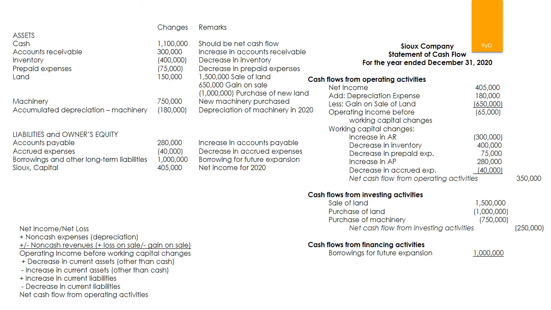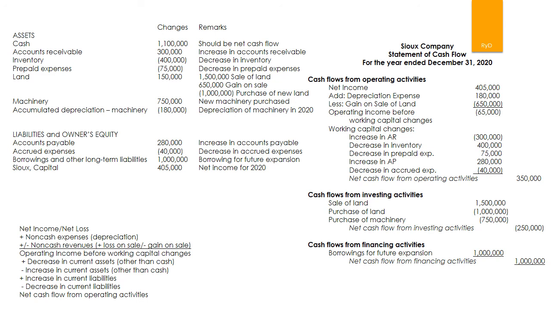It's easy, the answer is 1 million, with nothing to compute. For questions like this, there is just one item. So here, our net cash flow from financing activity is at 1 million.